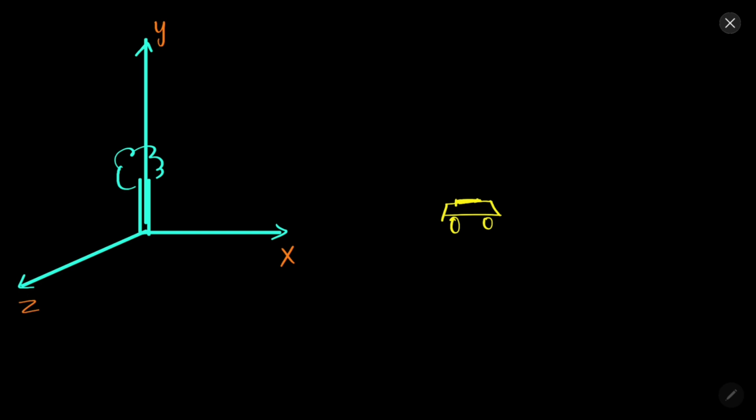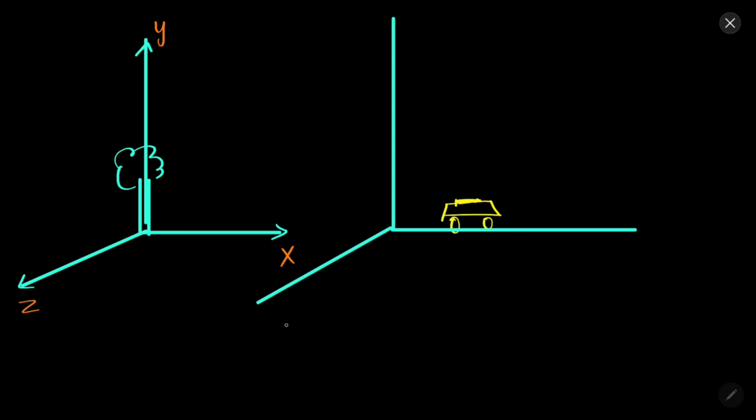Let us take another axis. Let's say the axis is here. It is the x dash axis, y dash axis and z dash axis.